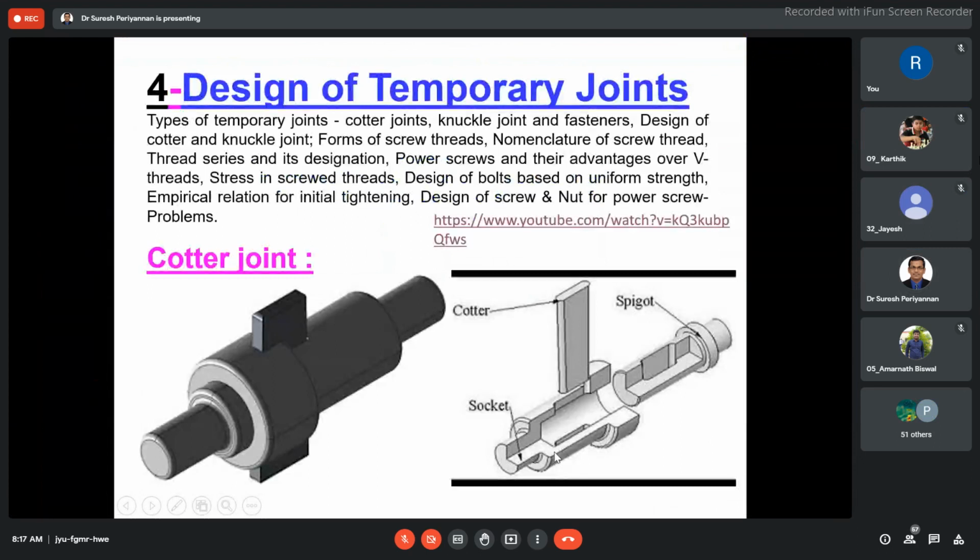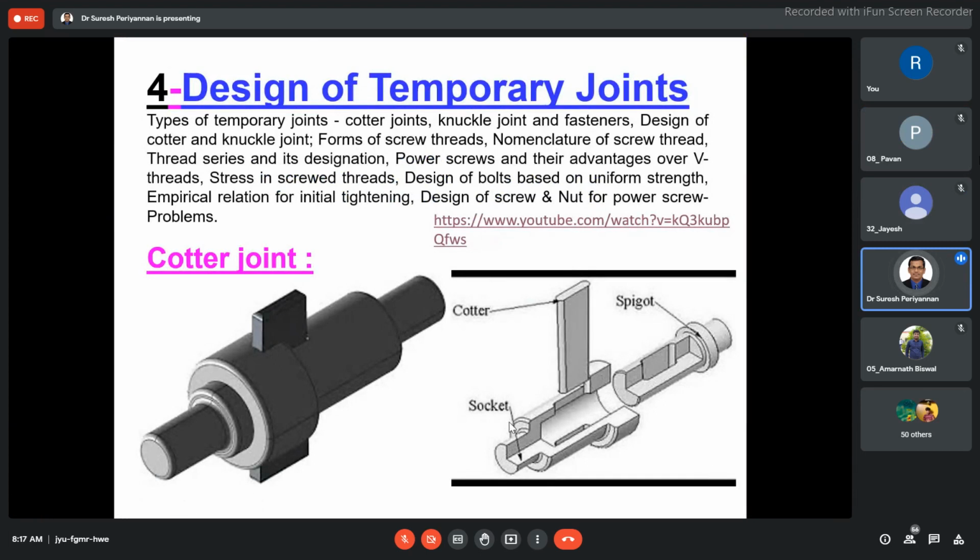Now we come to the next topic. In the last class, we briefly discussed temporary joints. What are temporary joints? Bolts and nuts are used to connect and join two components.